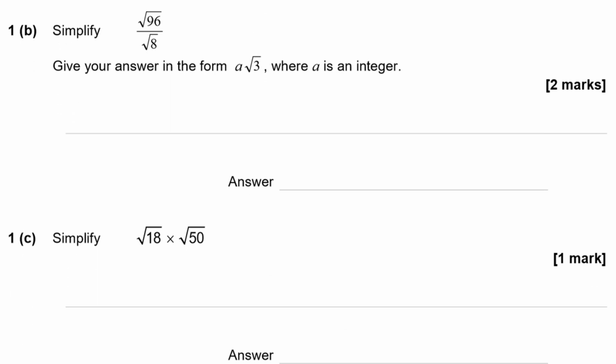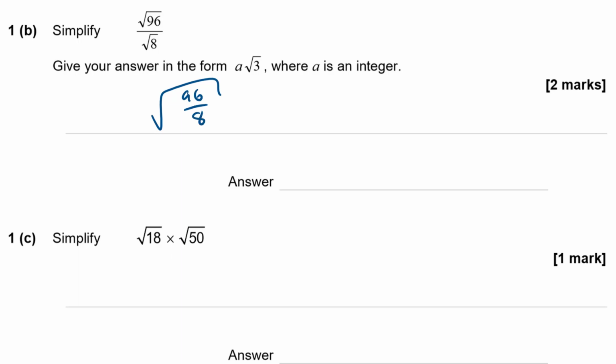Question 1b. Simplify root 96 divided by root 8. Give your answer in the form of a root 3, where a is an integer. Okay, so I've got root 96 divided by root 8. Now I can put that as one square root and put it as a fraction, 96 over 8, can't I?